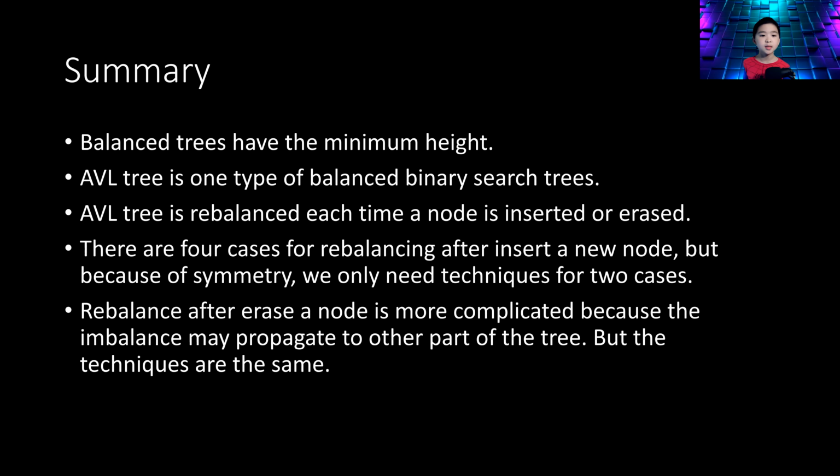One way to balance it is the AVL tree. AVL trees are rebalanced each time a new node is inserted or erased. You can't rebalance it altogether after you insert or erase multiple nodes because all the techniques assume we start with a balanced tree. We talked about two general cases, but with mirrored cases, we have four.